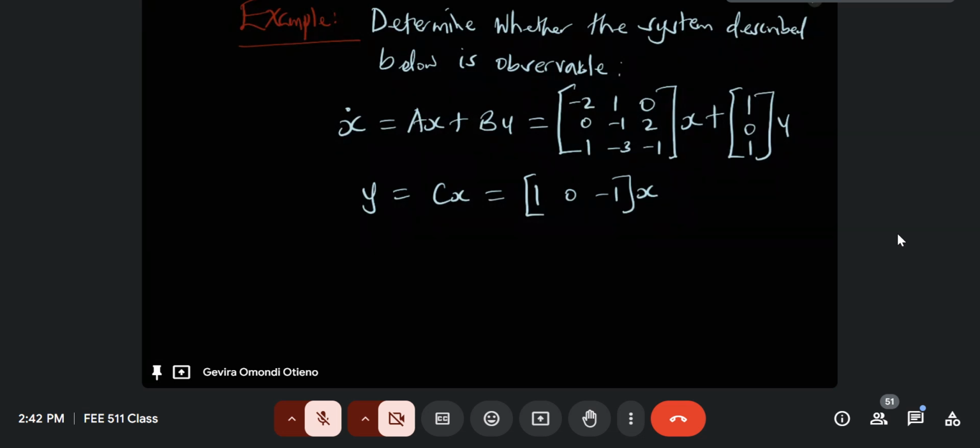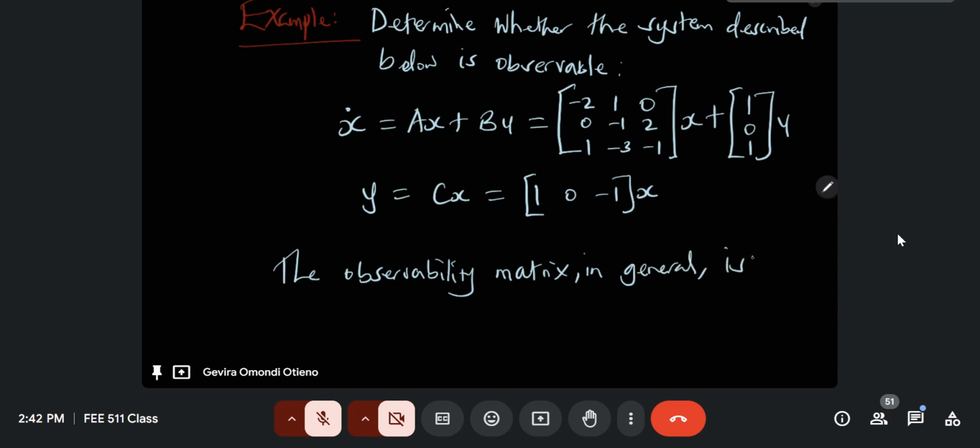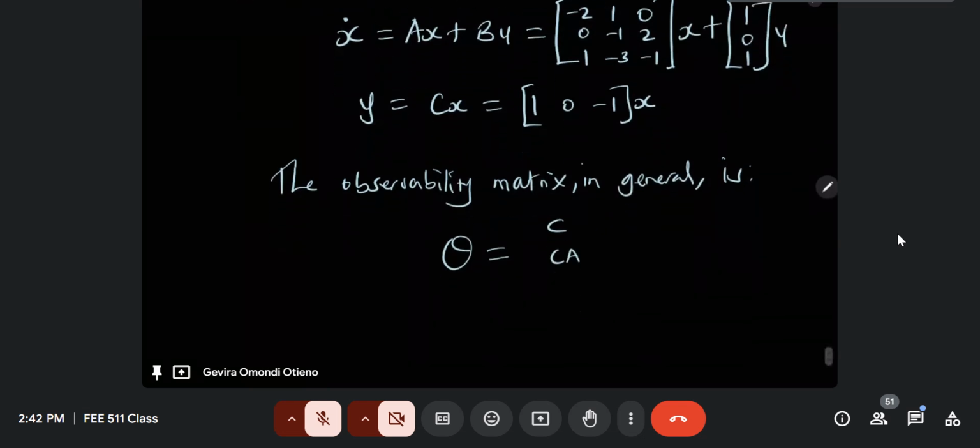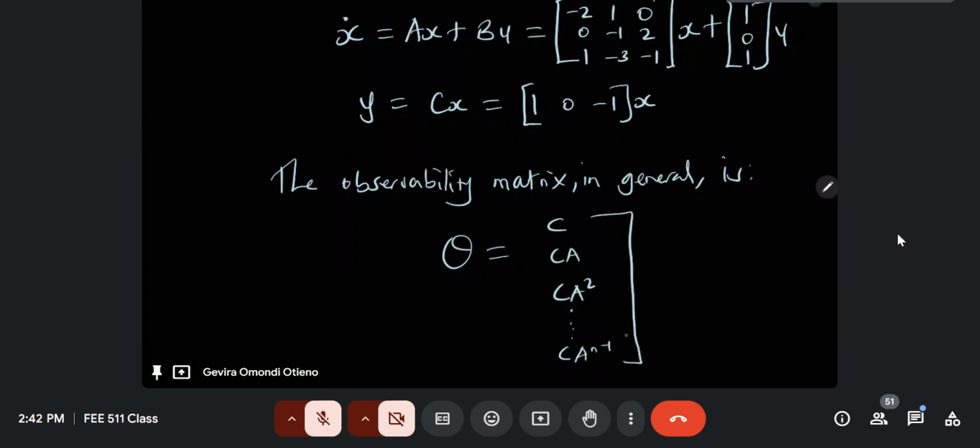So again, in general, the observability matrix is this. Please note, O equals C, CA, CA squared, and then all the way to CA to the n minus 1. So this is the general equation for the observability matrix.